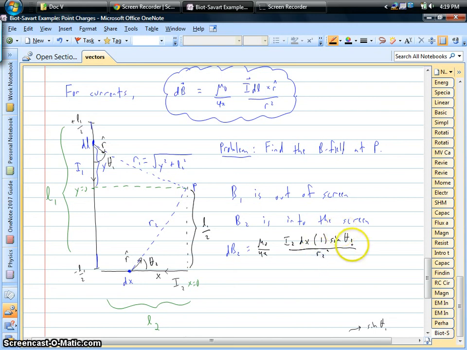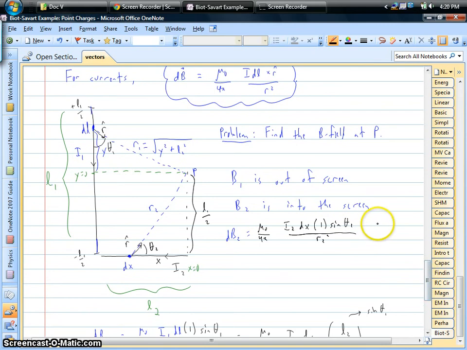Okay, now if we substitute in, very similar to what we just did, notice that the sine of angle 2 is L1 over 2 all over r2. So if we substitute all of this in, we know that we're going to have to integrate all these little magnetic fields to get the total B2.